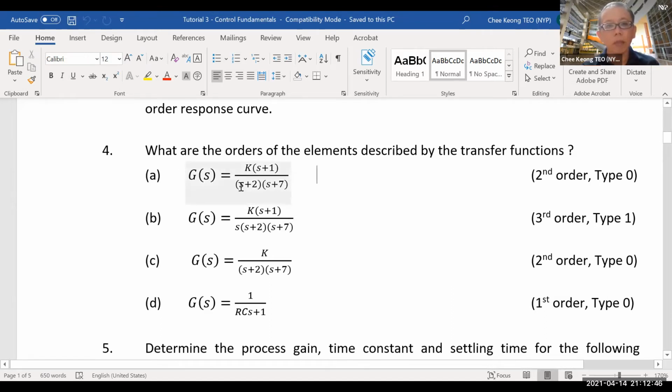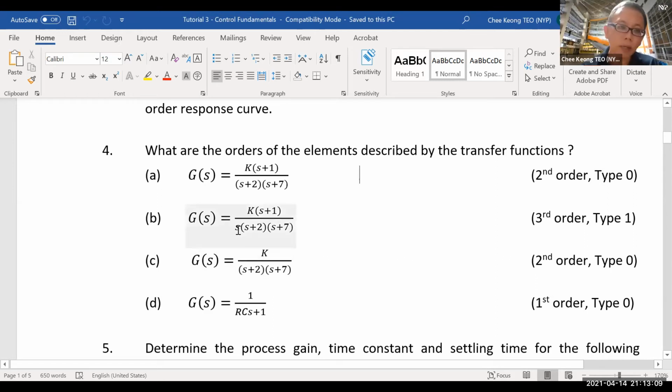If you multiply out, the maximum power of S will be S squared, S to the power of 2. So the order is second order. The order, needless to say, is quite straightforward. As for the type, I will illustrate it later, after going through all the orders first.